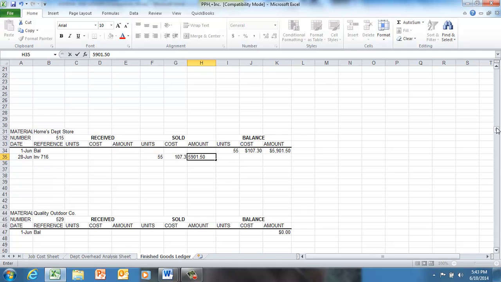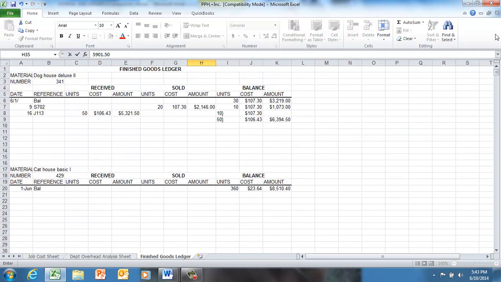Now, if I scroll up to the top one here, and these are some stock dog houses, and here I have 60 of these dog houses. 10 of them cost me $107.30 a piece, but 50 of them cost me a little less, $106.43 a piece. And so the 60 together cost me $6,394.50, and that's what's sitting here in the warehouse of these particular stock dog houses.